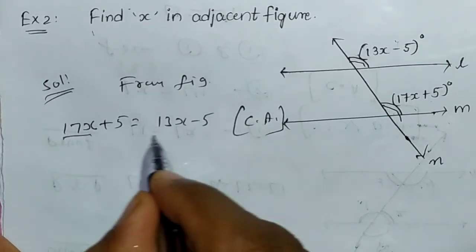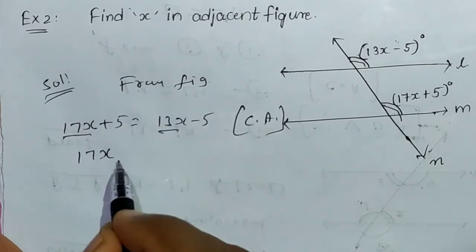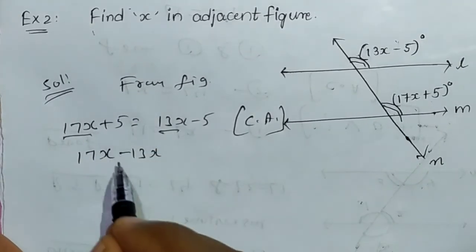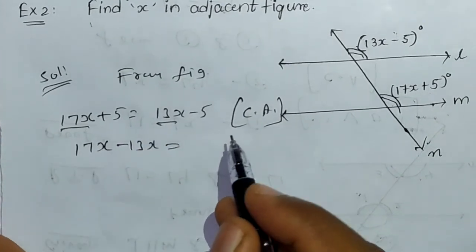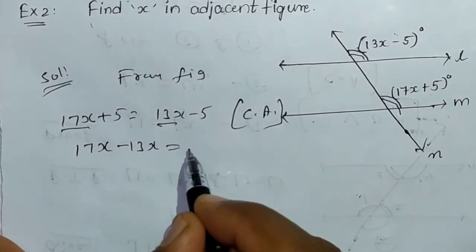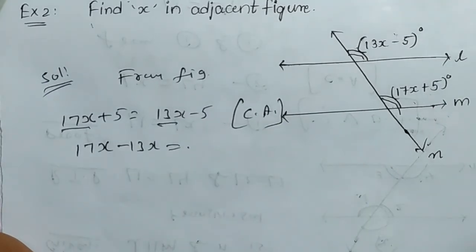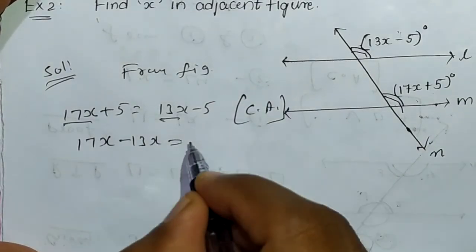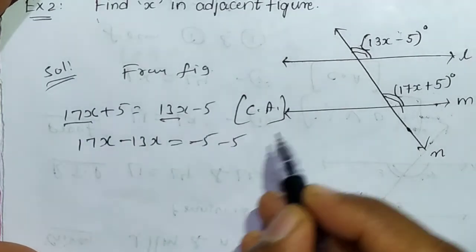Now separate variables. 17x, and 13x will become minus 13x if transferred from right to left. Plus will become minus, minus will become plus, right? Is equal to, here minus 5 is there, minus 5 as it is. Yes, plus 5 will become minus 5.